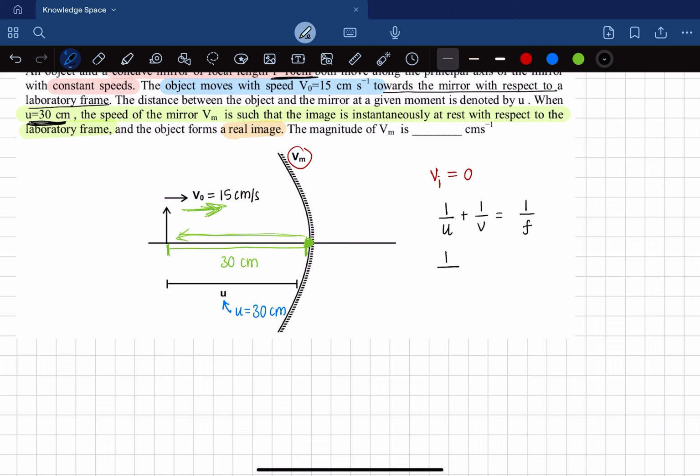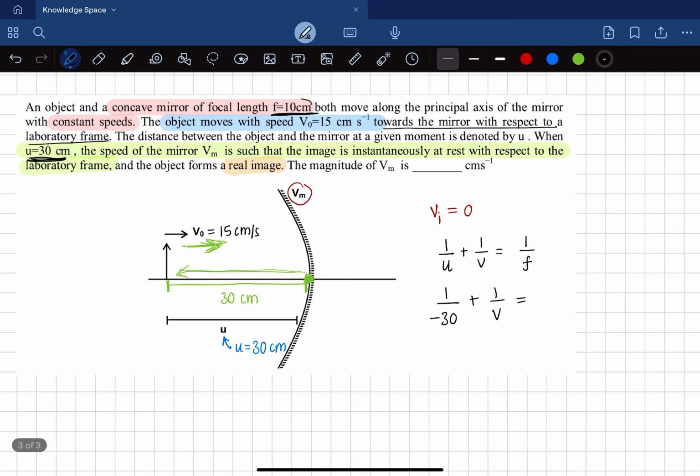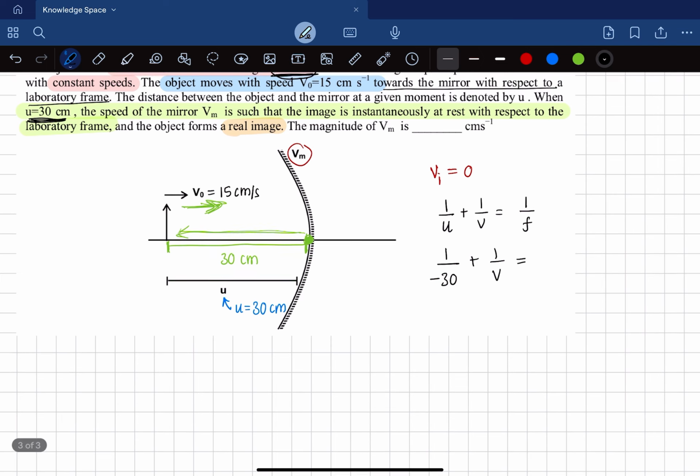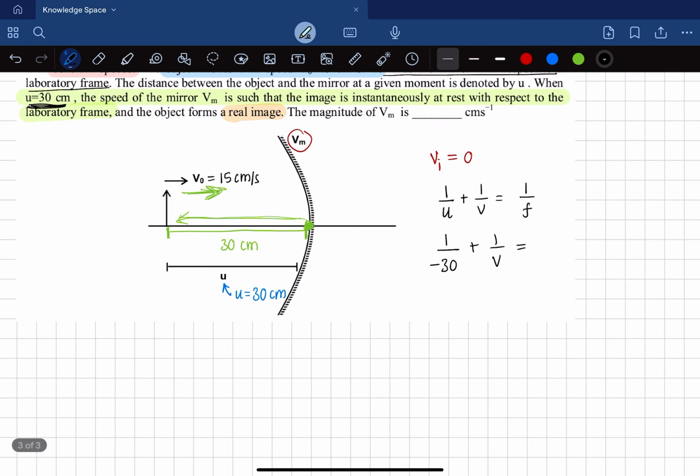So we get 1 over negative 30 plus 1 over v is equal to 1 over f. Now, f here, they gave us as 10 centimeters. This also would be measured from the pole to the focal point, and that would also be a negative value because it's in the opposite direction. So this would be 1 over negative 10.